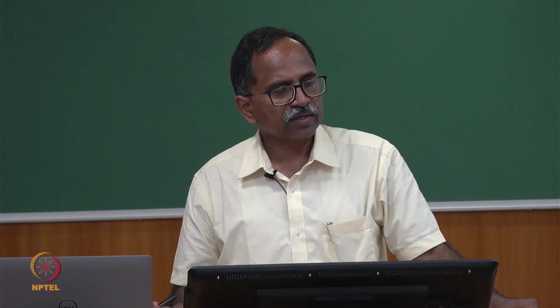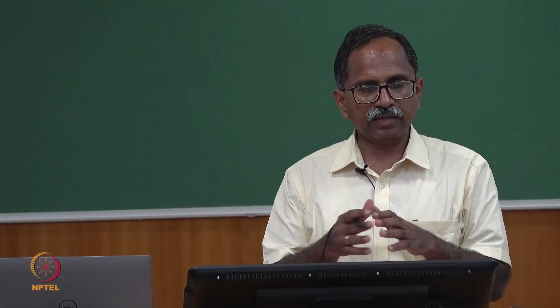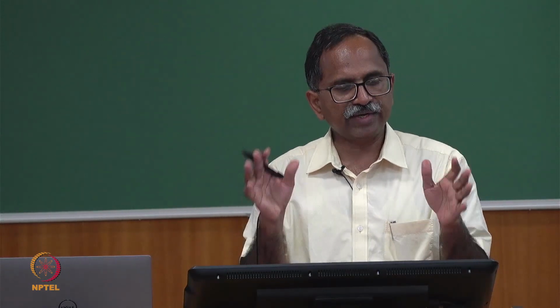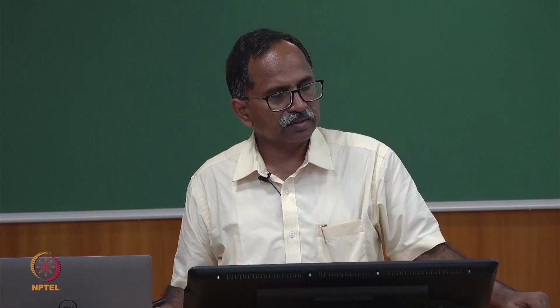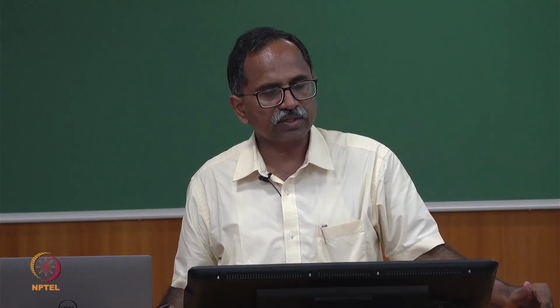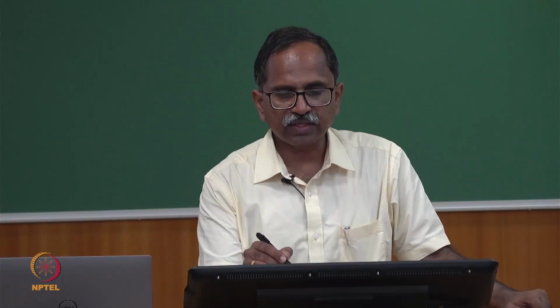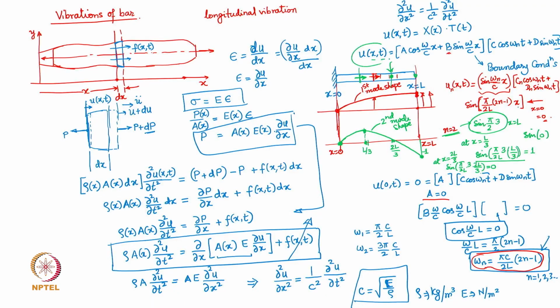So the bar here is again not discretized into lumped elements, but it is treated as a continuous distribution of the mass property, and the cross-sectional dimensions are also continuously changing, and so we got the response as a continuous function in x and time. So that's how the response has been obtained.